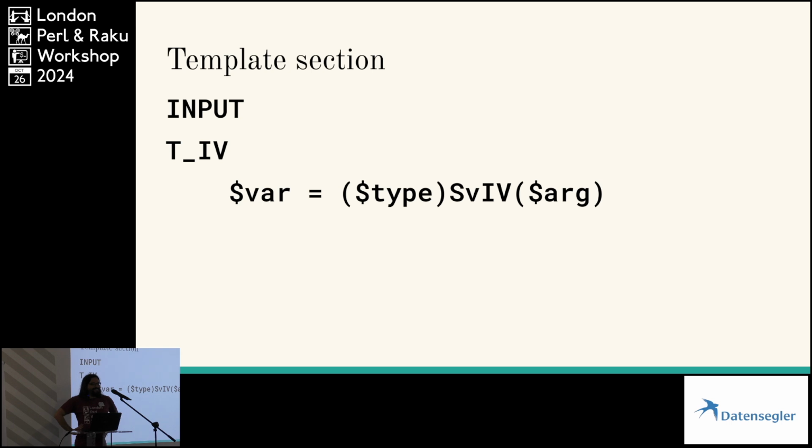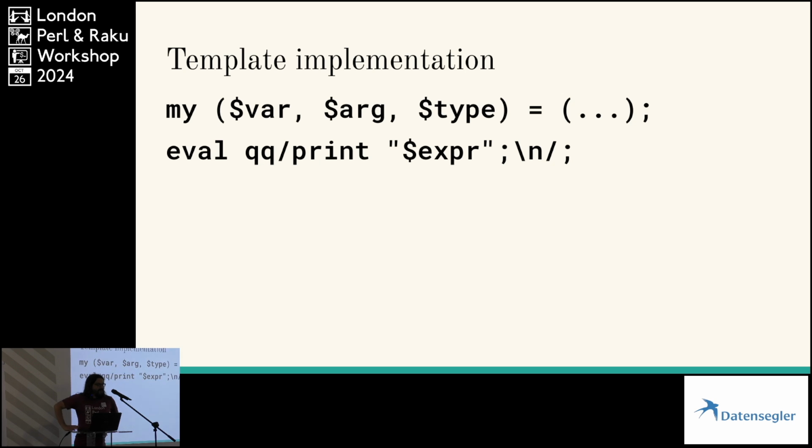This looks deceptively Perlish, and it is, because the implementation of this puts double quotes around it and evals it. Great. That's why you can't put quotes in typemaps. You get really confusing errors.